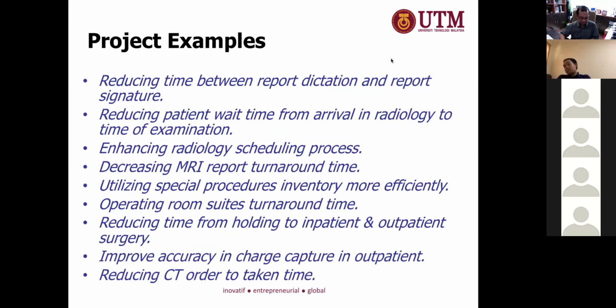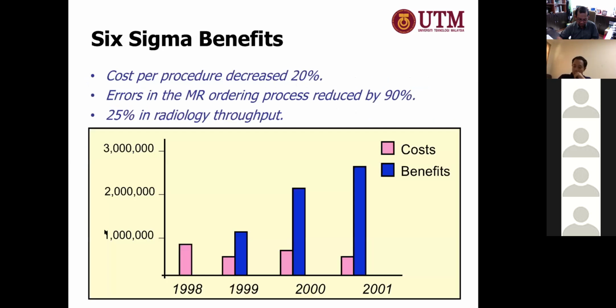So, project examples: reduce time between project detection and report signature, reduce special waiting time, enhance radiology, decrease MRI turnaround time, operating room suite turnaround time. This is also being done by KKM Malaysia. Reduce time for holding to inpatient and outpatient surgery, also done in hospitals in KKM Malaysia as well. They have a Six Sigma team, a Lean Six Sigma improvement team. Improve accuracy in charge capture in outpatient, reduce CT order turnaround time, and so on.